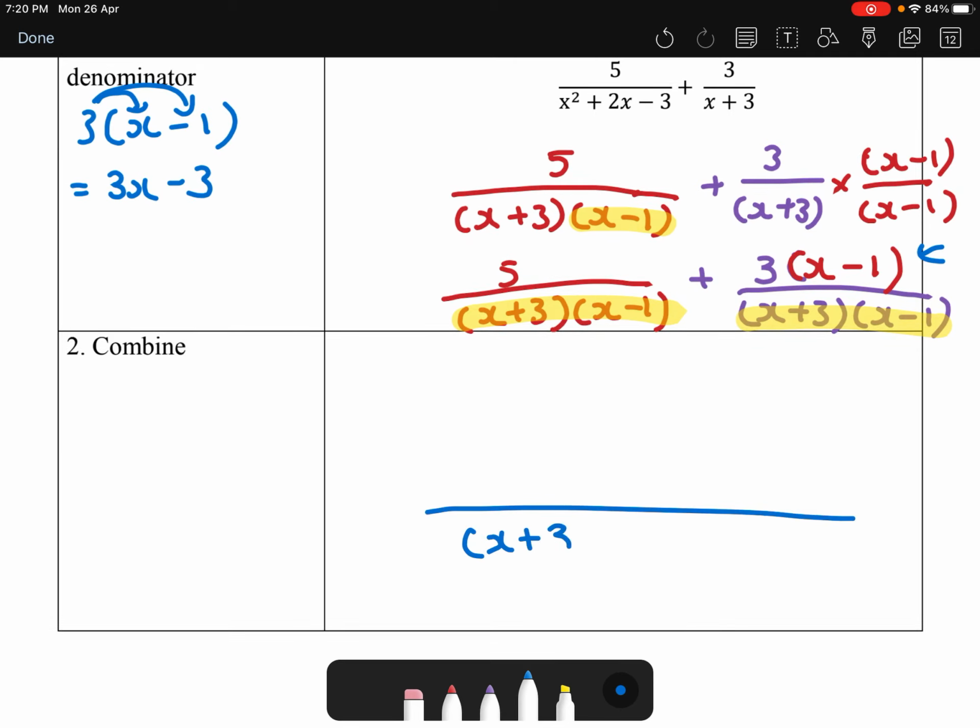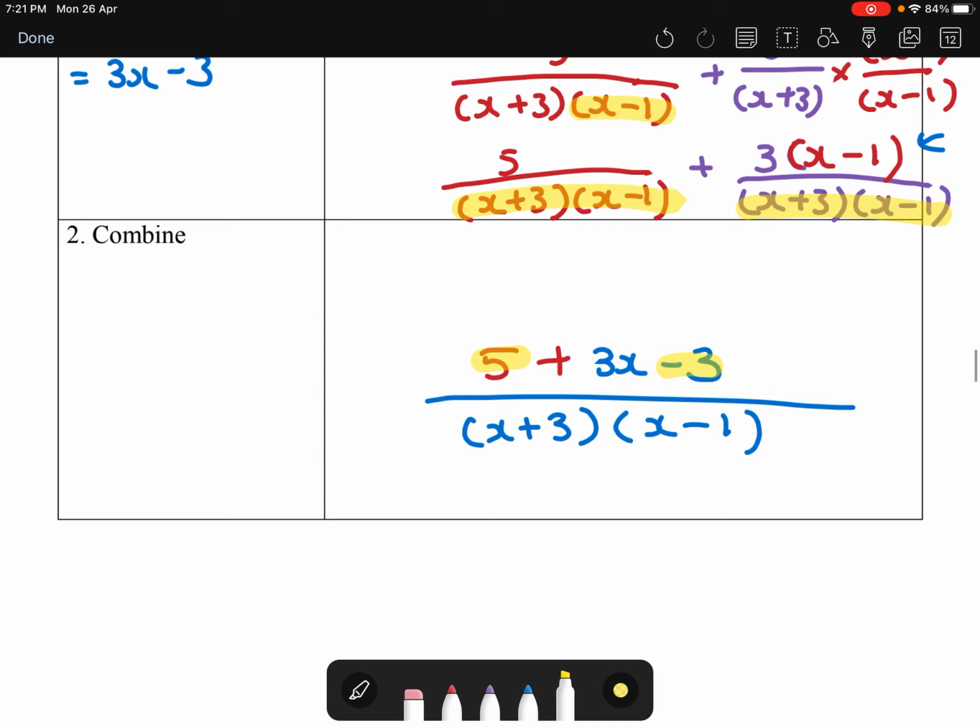So it's x plus 3, x minus 1 at the bottom, and on top, 5 plus 3x minus 3. Now we simplify the top: 5 minus 3 is equal to 2.